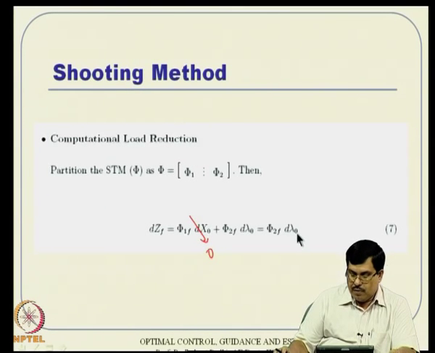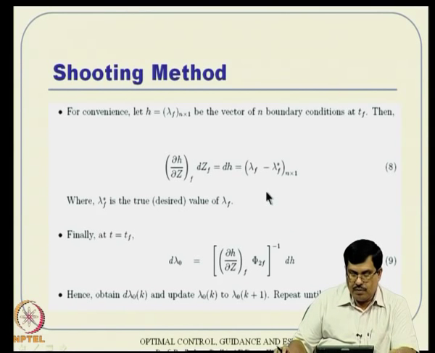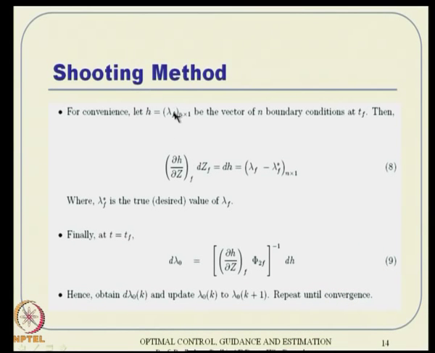For convenience we can think that h of λ_f is the vector of n boundary conditions at f. That means the way that you compute the desired λ_f, we can consider as a function of z_f itself. You can generalize this problem a little bit further. It can be simply λ_f itself, it need not be a function directly.